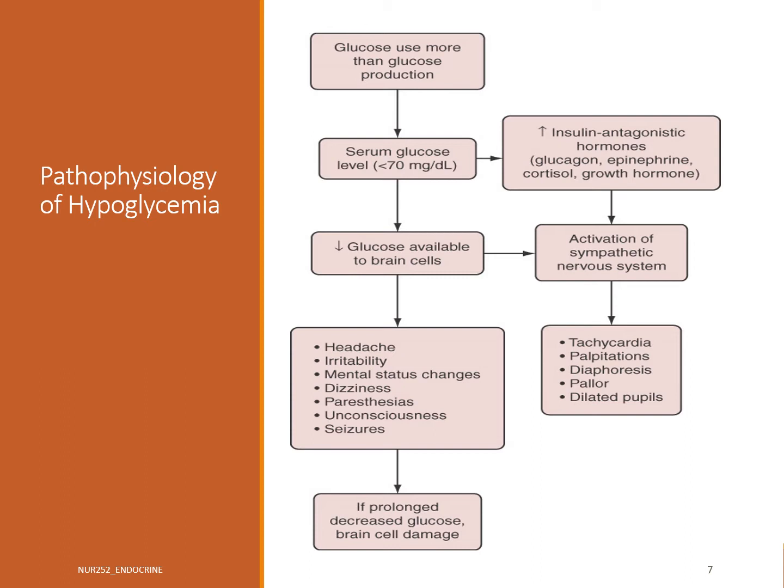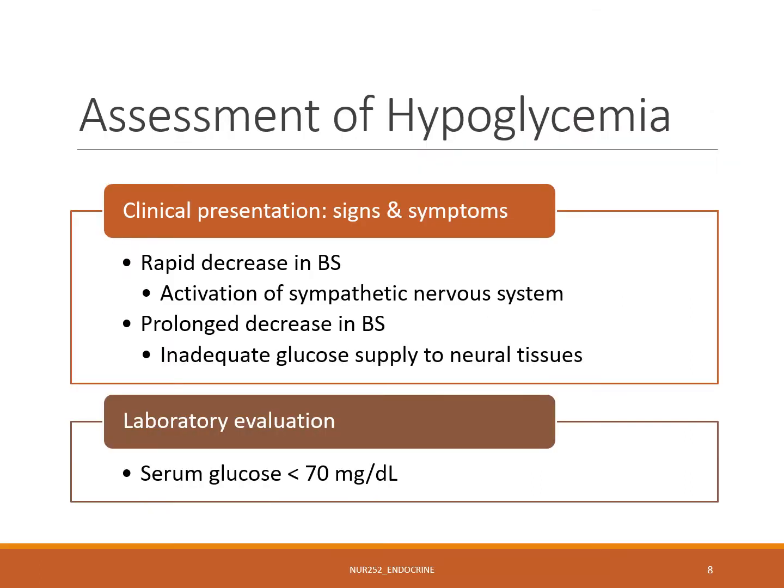Also, think about patients like post-surgical patients that aren't eating solid foods. So in our post-op patients, they can develop confusion and shakiness. When serum glucose decreases rapidly, there is an activation of the sympathetic nervous system.